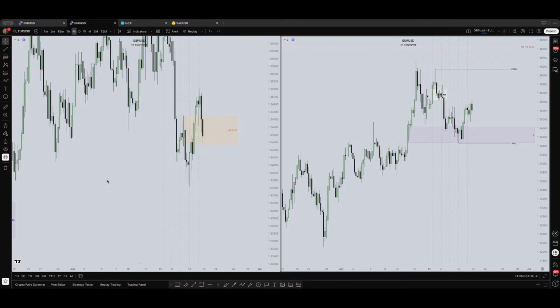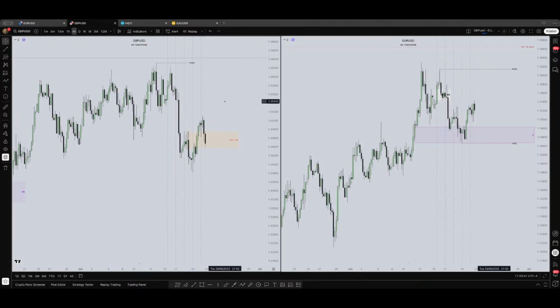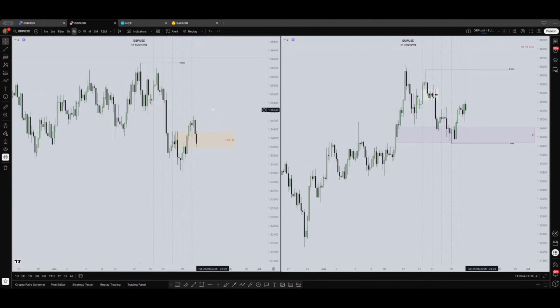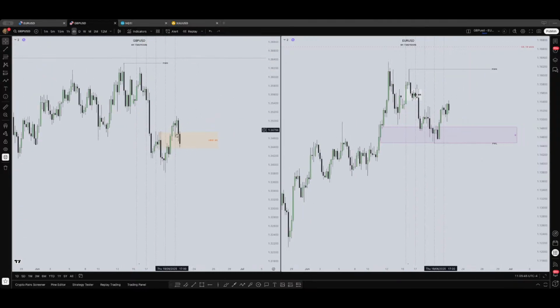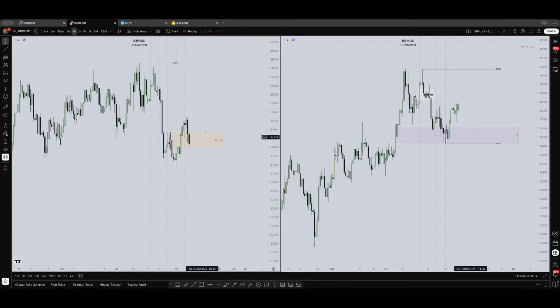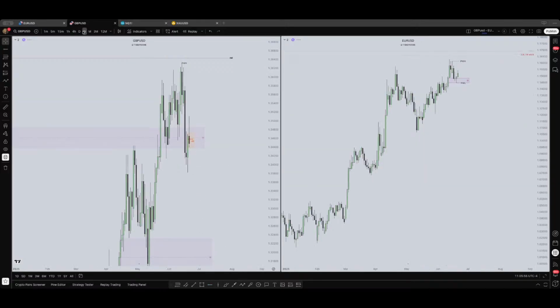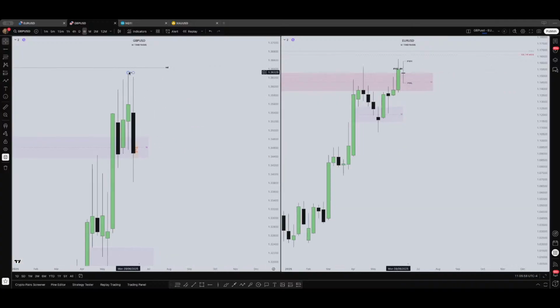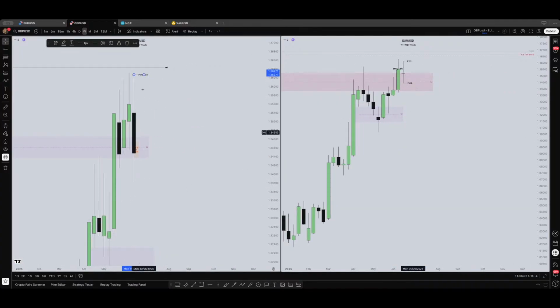Okay, this is GBP USD. That's why I was checking this 4-hour breaker. So let me put the previous week high and previous week low here.